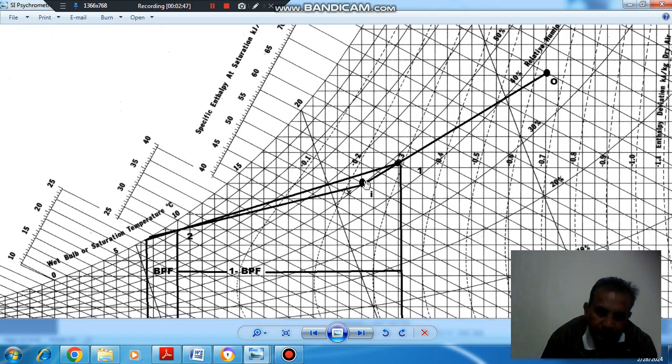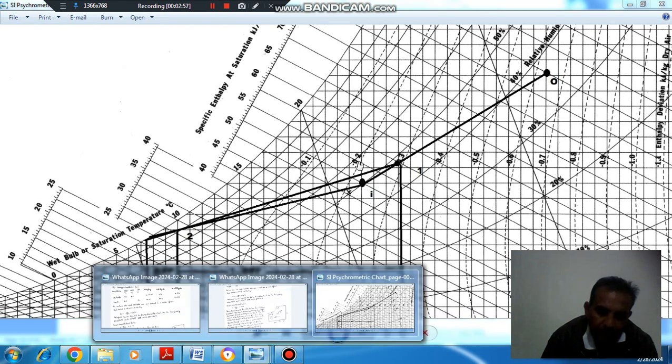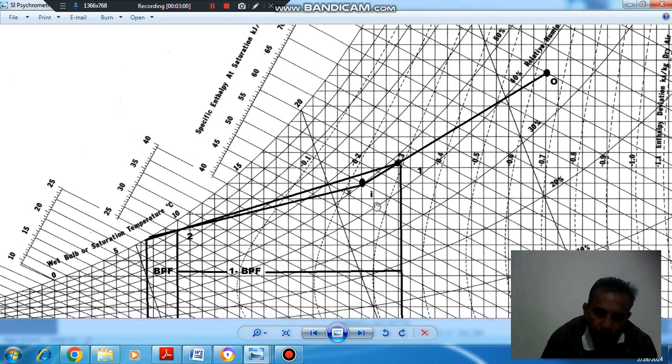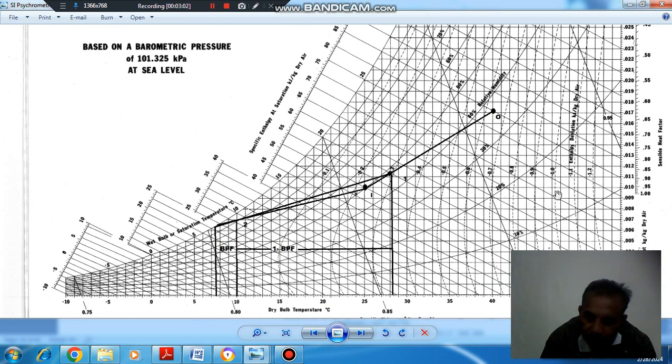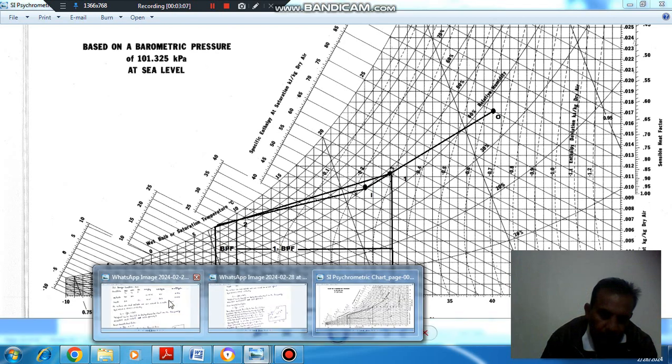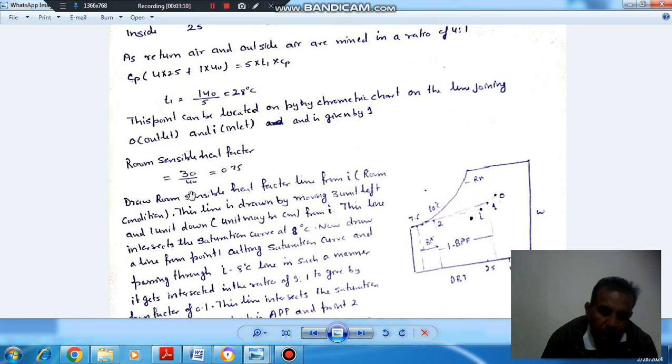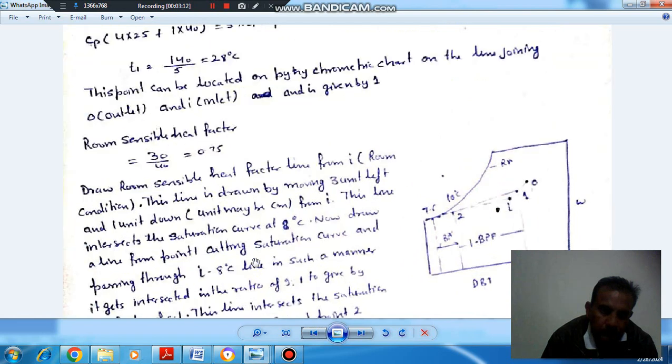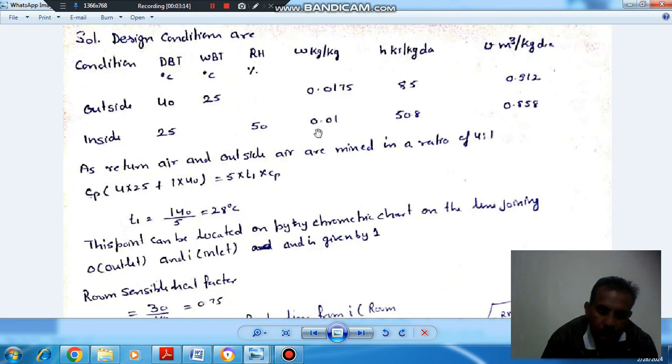At this point, enthalpy is approximately 50.8, specific humidity is 0.010, and specific volume is 0.85.